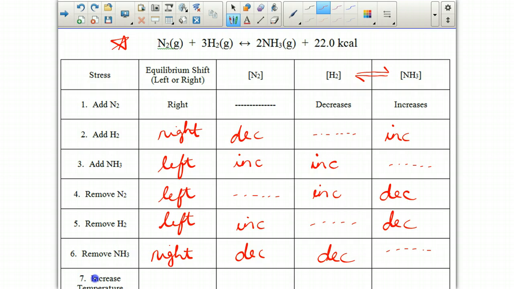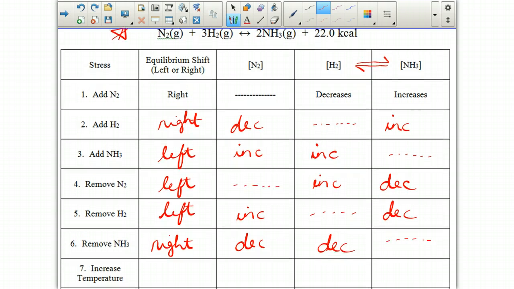If I increase temperature, and remember, a change in temperature is only going to affect where the energy is, and this is a numeric representation of heat energy. So I am increasing temperature, so I'm going to add to the right side. If I add to the right, it's going to shift to the left, and that's going to cause my reactants to increase and my products to decrease.